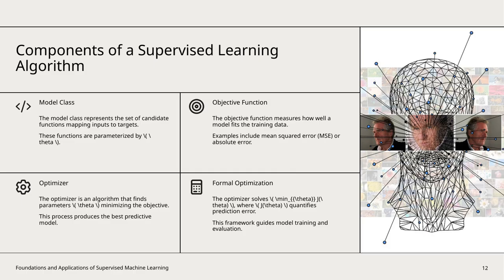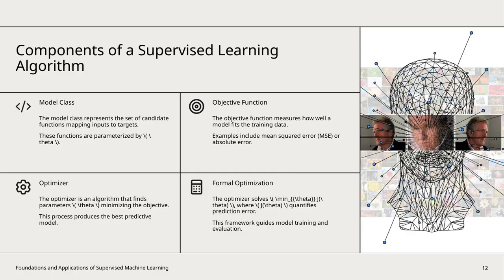The optimizer itself is an algorithm that searches for the best set of parameters, which we call theta, to minimize the objective. Think of it as a process that iteratively adjusts the model's parameters to find the most accurate possible fit to the data. When successful, this process results in the most predictive model we can develop given our data and framework.